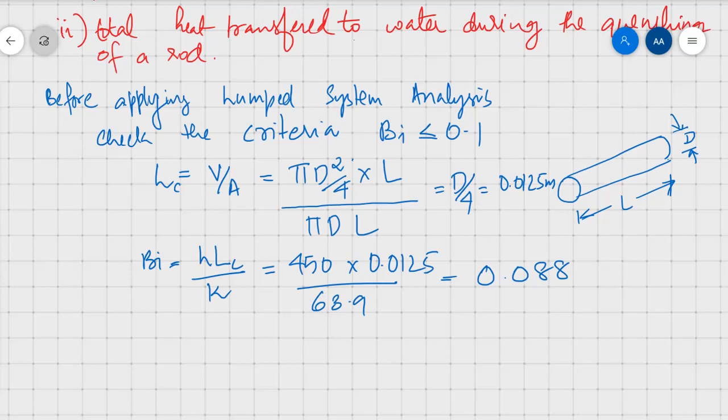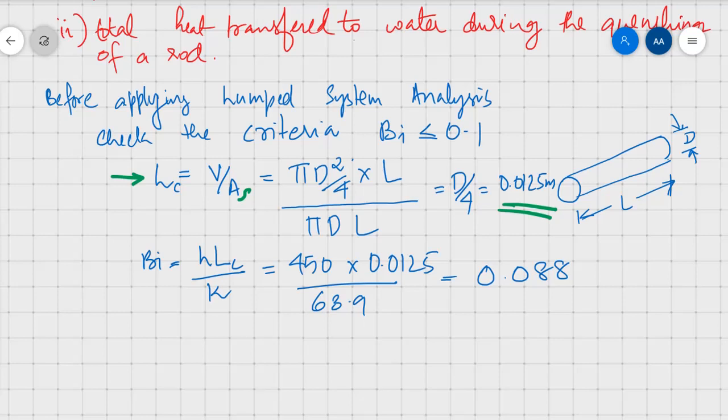The first step in any lumped system analysis is to check for the criterion of Biot's number less than 0.1. First, calculate the characteristic length. Lc is the volume divided by the surface area. So for a steel rod of length L and diameter D, volume is pi d square divided by 4 times L. The surface area As is pi d L. So that ratio turns out to be d by 4 and has a value of 0.0125 meters.